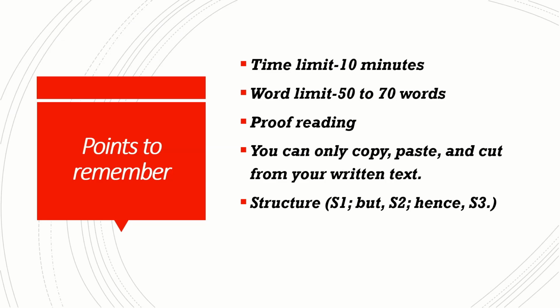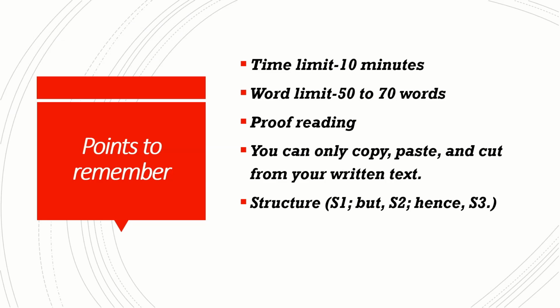After sentence 1, put the semicolon, then give a space, then use the connector but. After but, put a comma, give a space, then write sentence 2. Sentence 2 can be the middle line of the paragraph, or it can be the 4th, 5th, 6th or 7th line, meaning in between the paragraph.